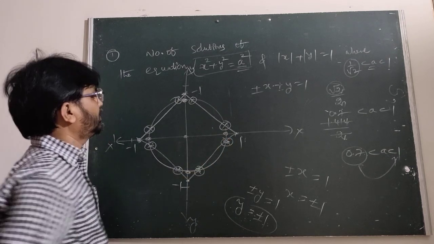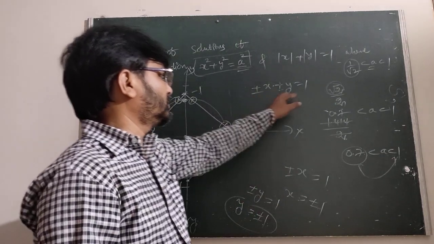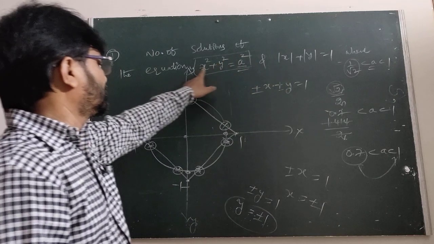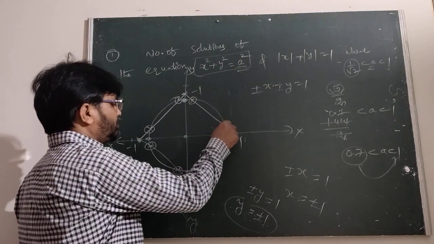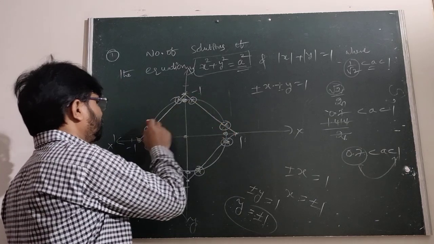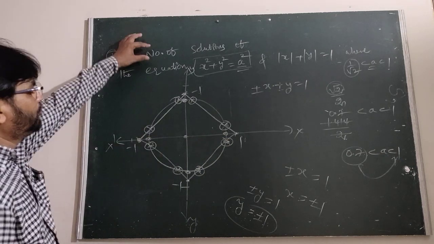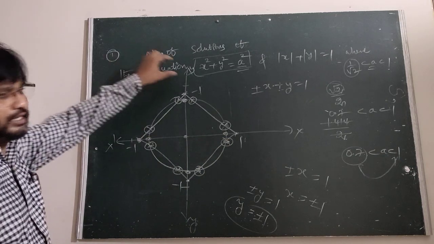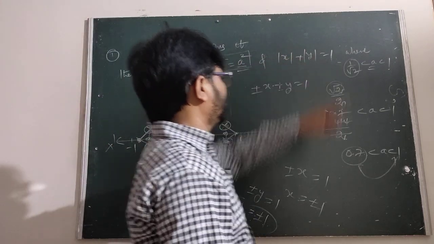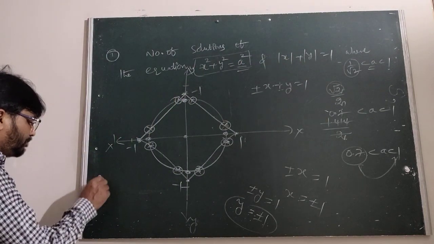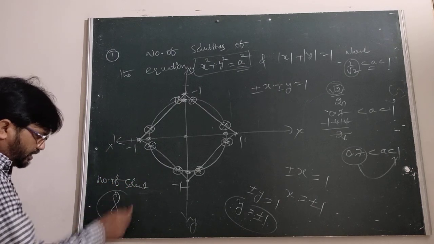We can observe that the lines plus or minus x plus or minus y equal to 1 and the circle x square plus y square equal to a square intersect in 8 points: 1, 2, 3, 4, 5, 6, 7, 8. Therefore the number of solutions of the equations x square plus y square equal to a square and mod x plus mod y equal to 1 in this case is 8.